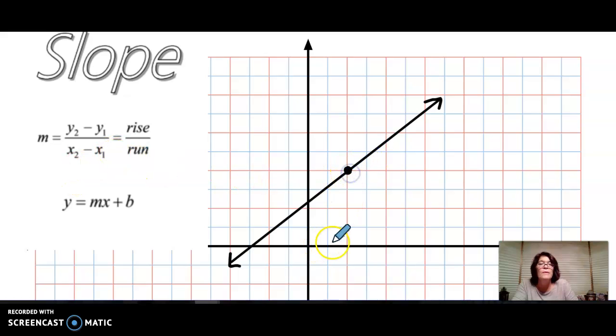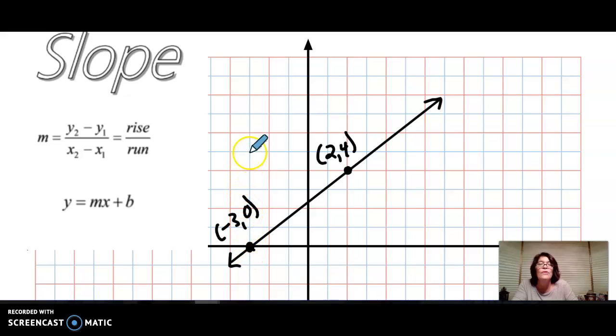For example, this would be the point 2, 4, and let's go with this point, which is negative 3, 0. If you have two points on the line, you take the y coordinates and subtract them. And in the same order, you subtract the x coordinates and divide, and that's the rate of change or the slope of the line. It's sometimes called rise over run.